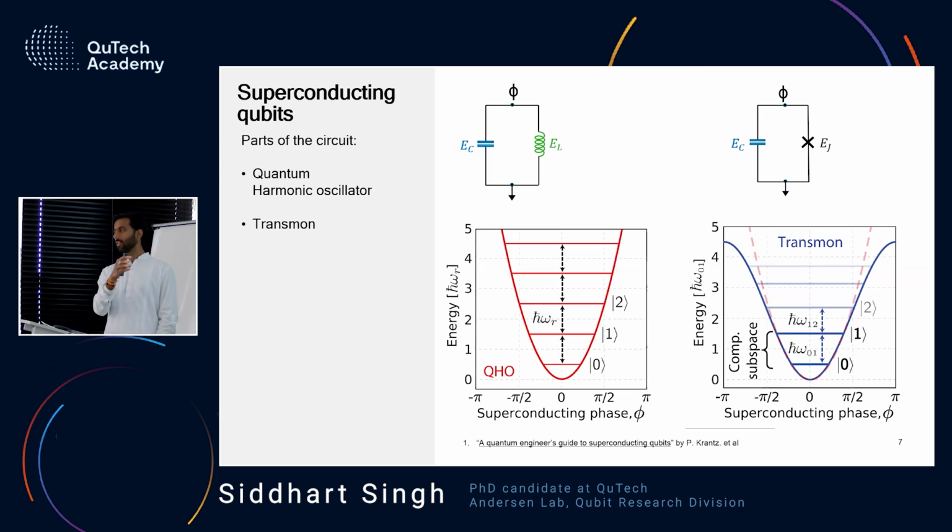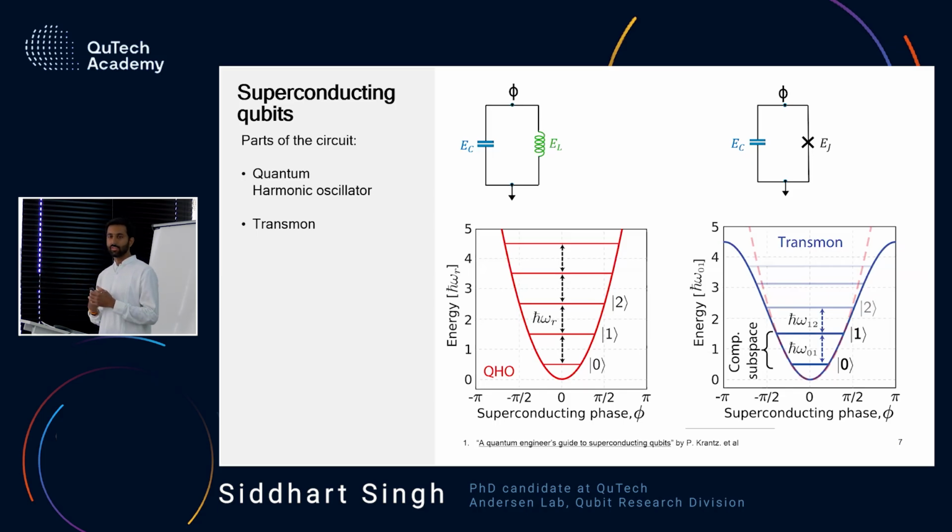So we have made a good two-level system, but there are obviously some drawbacks. The difference between omega 0,1 and omega 1,2 is called anharmonicity. And when you are sending microwave signals, the signals always have a spread in the frequency domain.